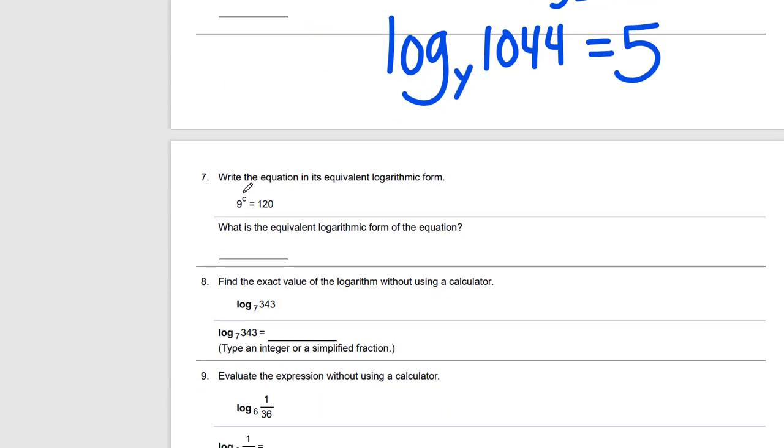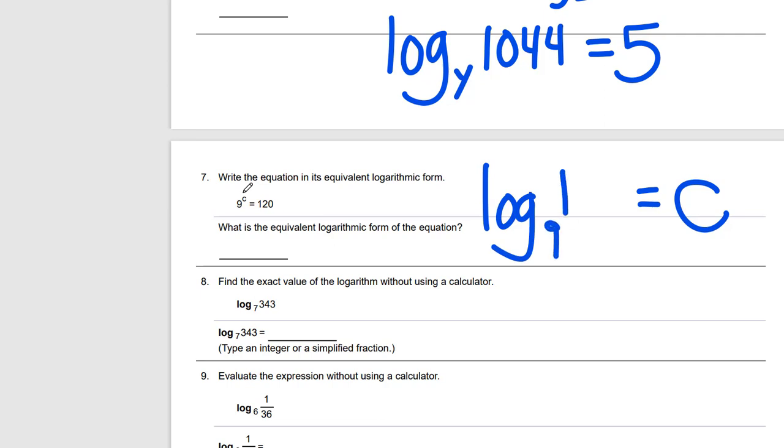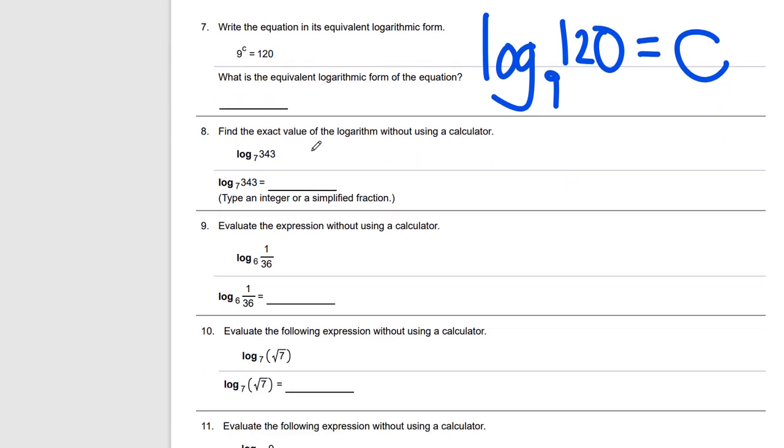Here my exponent is c, so I know it's going to be equal to c. So it's log, the base is 9, of 120 equals c. And later on, we'll learn how to find these answers. 9 to what power is 120? But right now, we're just writing in our exponential and logarithmic forms.